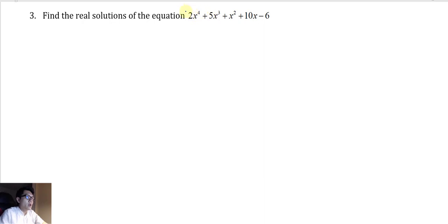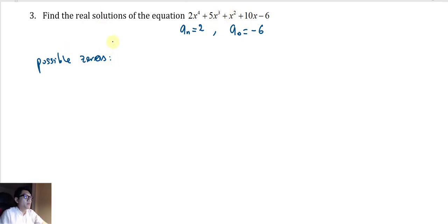Now, this is the leading coefficient, the number in front of the leading term. The last value, the constant, is A0, minus 6. So this is the list of possible zeros. Possible means one or two or three of them should be the solutions, the roots of this polynomial, but not all of them, right?